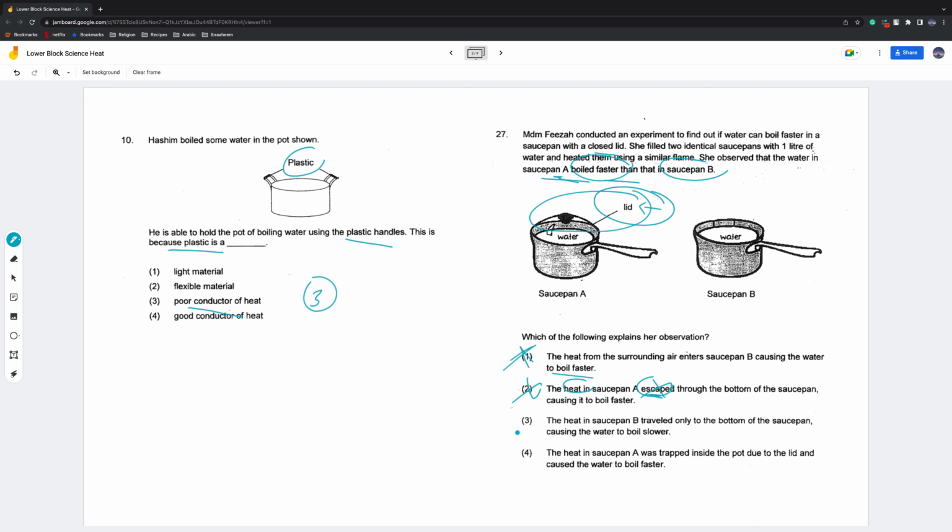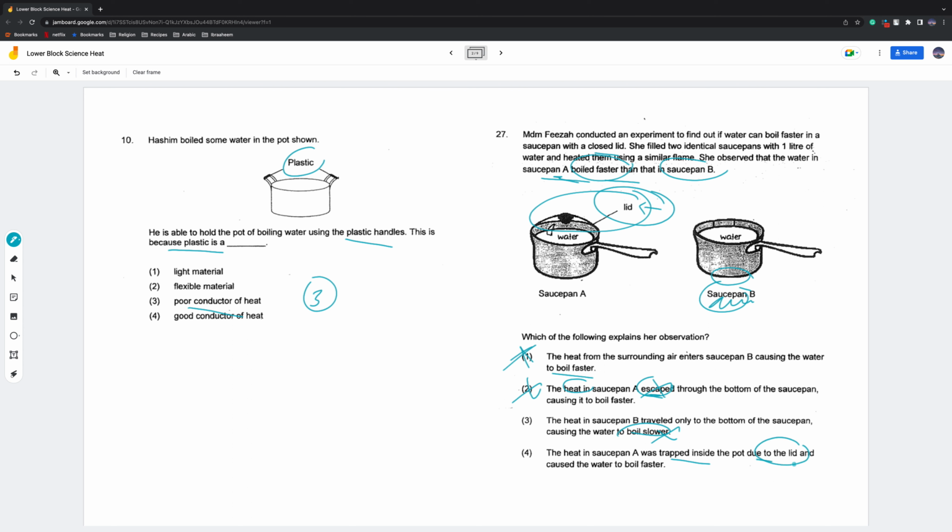So we strike that out. The heat in saucepan B travels only to the bottom of the saucepan, causing the water to boil slower. Nope. It doesn't make sense either, because if it travels only to the bottom, the saucepan will still have heat from the bottom. The heat in saucepan A was trapped inside the pot due to the lid.